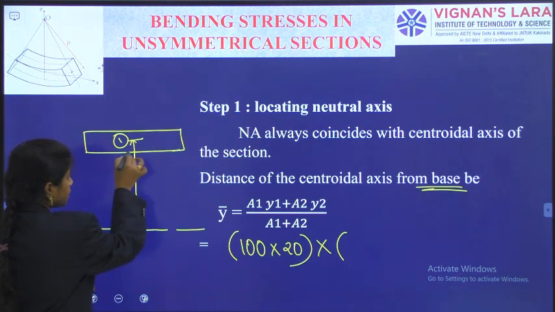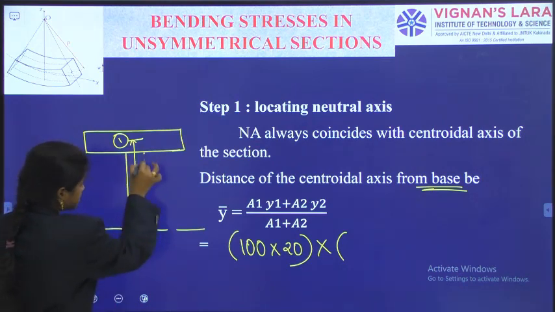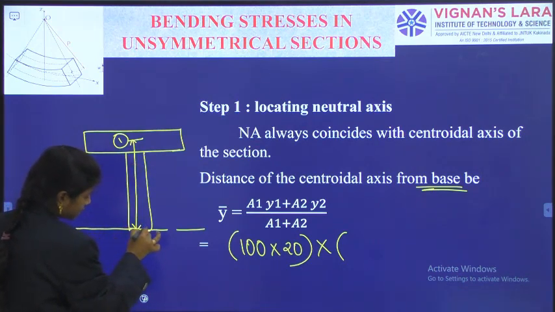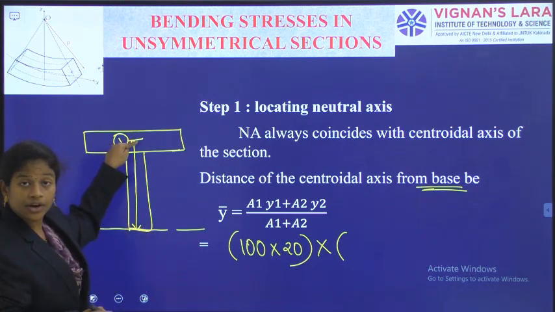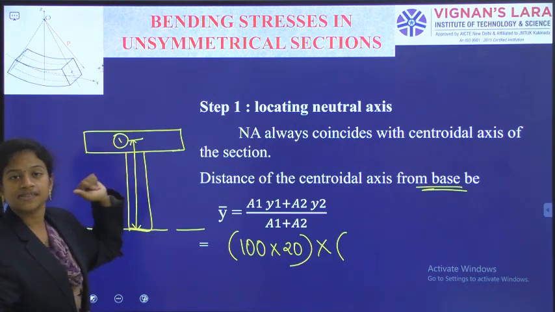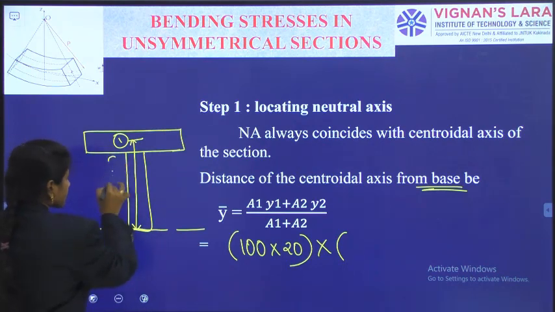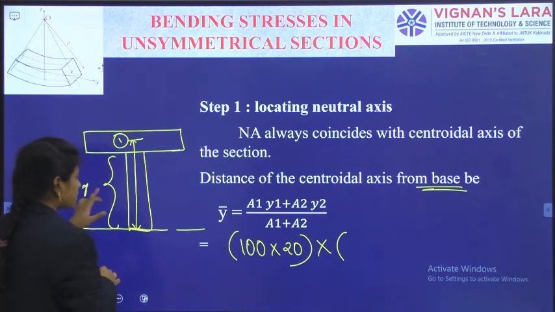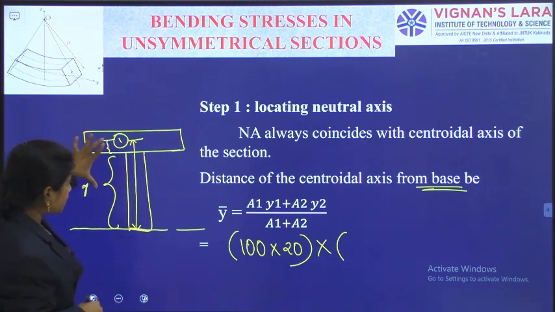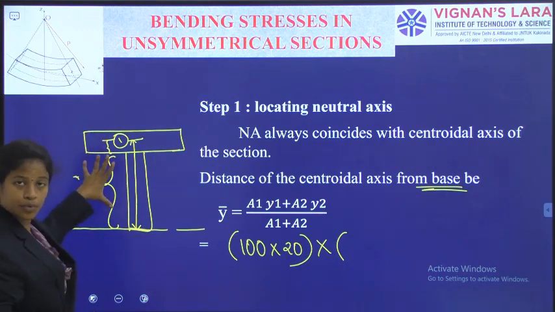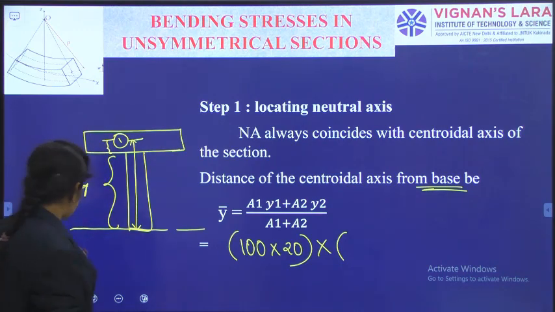From the base of the T, the flange, I need to calculate the distance of the centroid of this portion, and that is equal to this value, and the summation of this value and this value will be the answer.